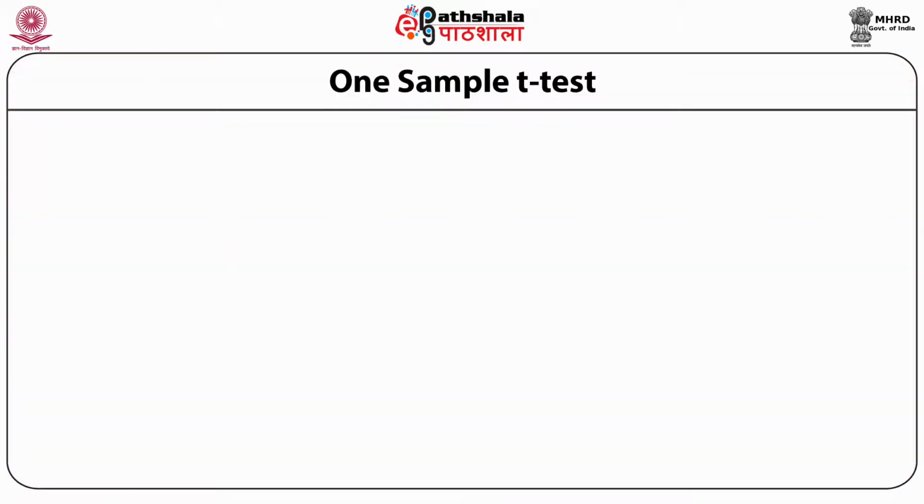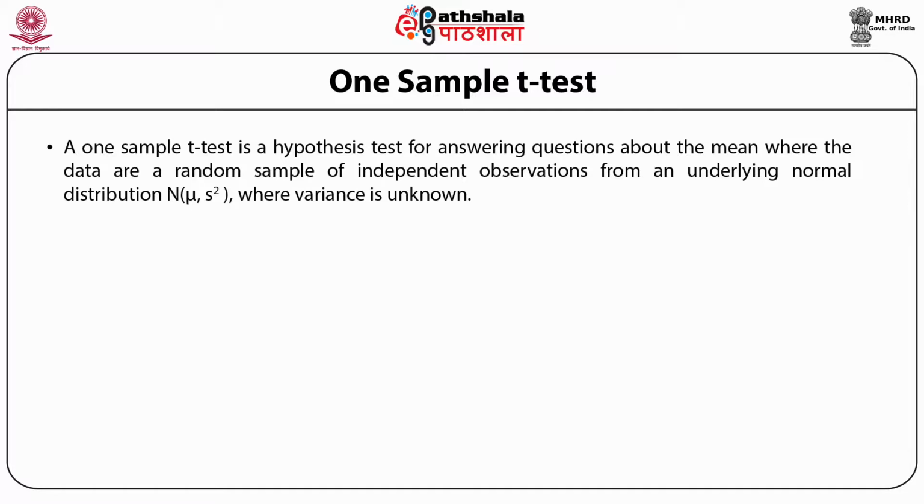We see a one sample t-test, or a single population t-test. A one sample t-test is a hypothesis test for answering questions about the mean, where the data are a random sample of independent observations from the normal distribution N(mu, sigma squared), where the mean is known, but the variance is unknown.